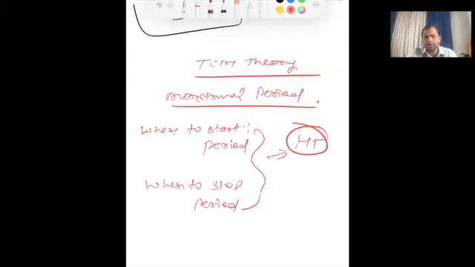Remember once again, the heart is taking the decision when to start the period and when to stop the period. So the heart is controlling the orifice during menses.